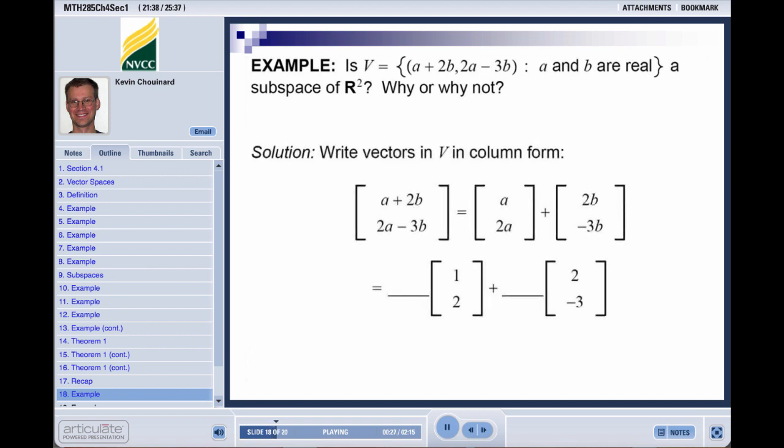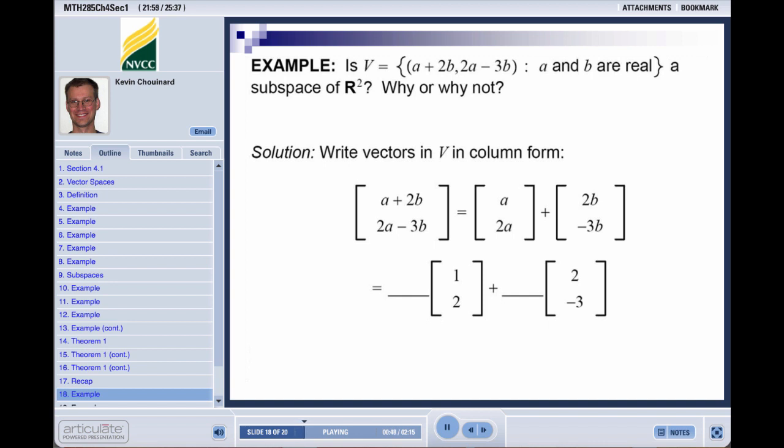Okay, so let's start by writing the vectors. Instead of an ordered pair form, let's write them in the column form, and let's split it along the lines of the addition and subtraction. So let's write it as the vector A, 2A plus the vector 2B, negative 3B.